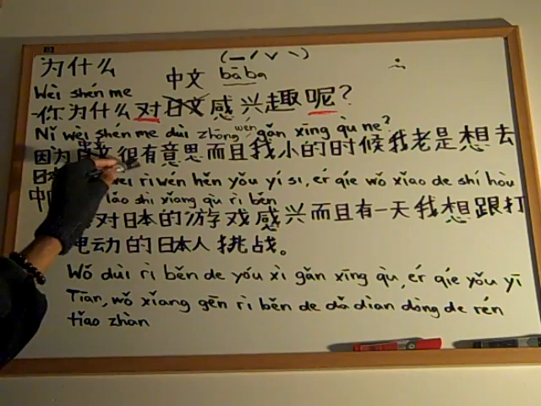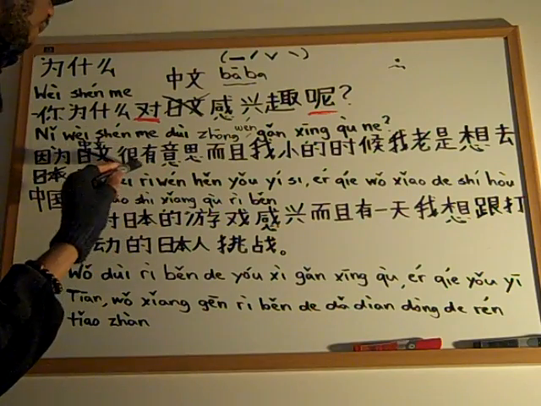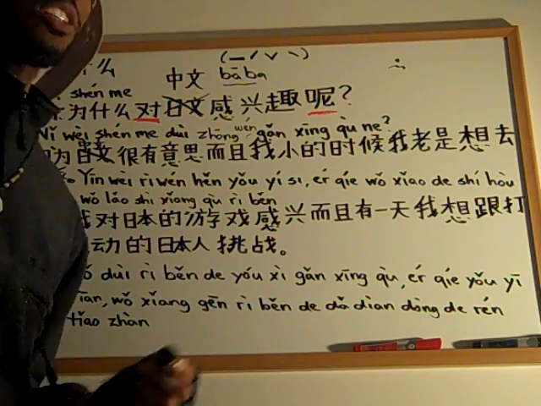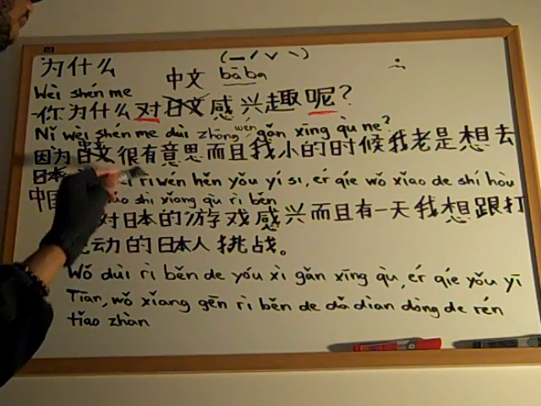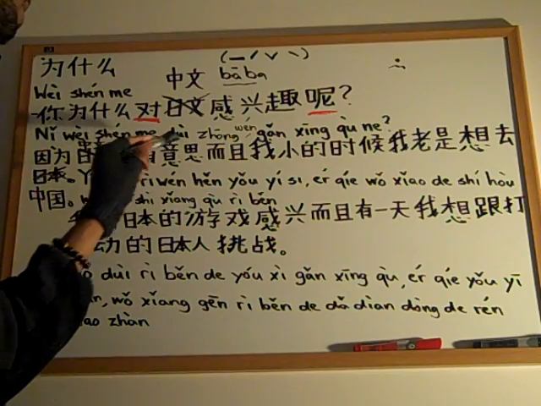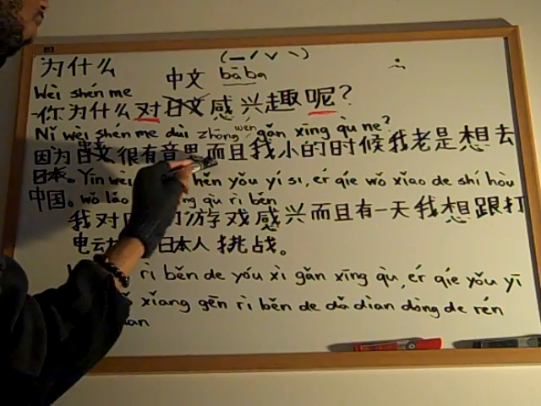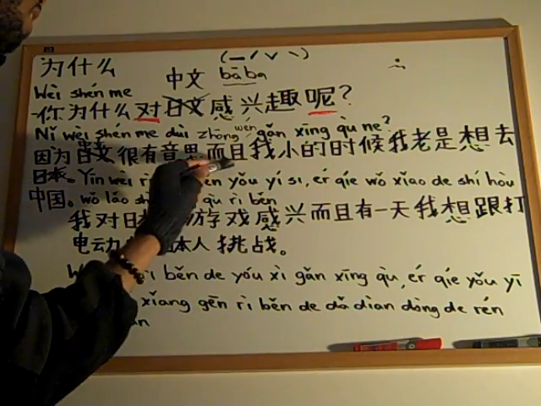So back to this, maybe back up here because I know this was weird. When you say 很有意思, okay, first of all, 有意思, when something has a meaning, that means it's interesting. So 有意思 means interesting. Okay, so when you add 很有意思, that means very interesting. So 很 is very. 而且, that means and.